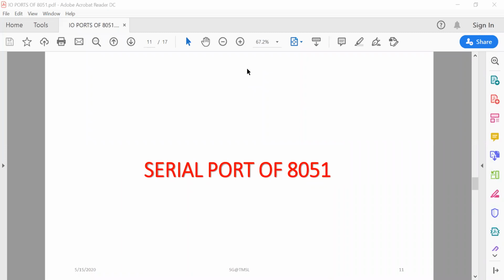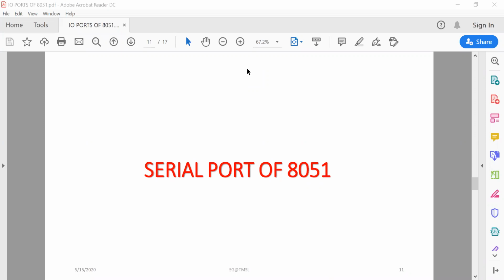Now there are two terms you need to be familiar with: the baud rate and the bit rate. Baud rate is defined as the rate at which data is being transferred serially, that means the rate at which signal transitions occur.